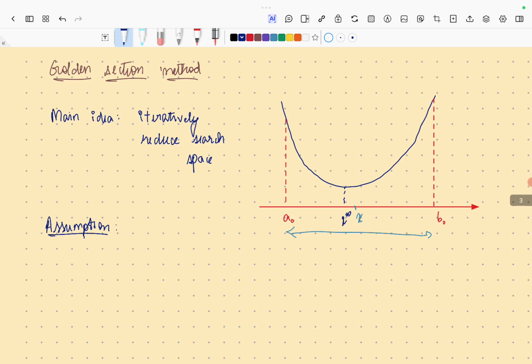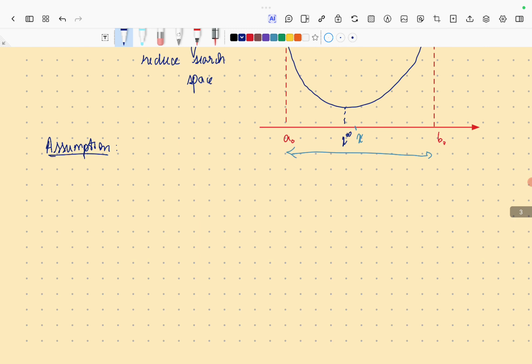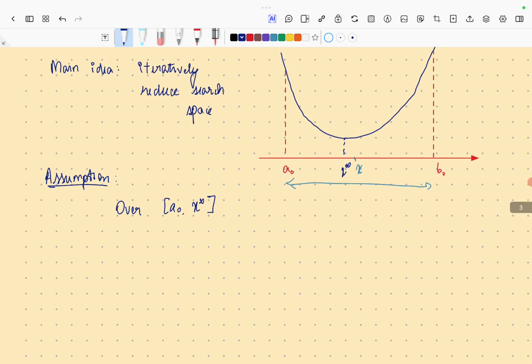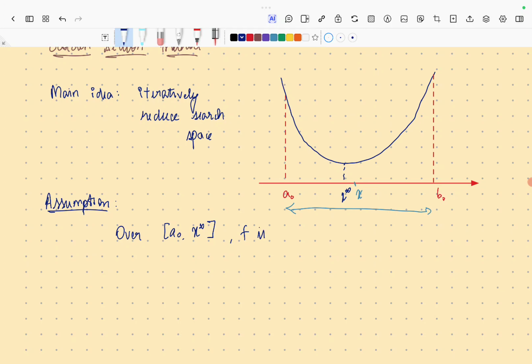For this particular class of algorithms, we'll relax the conditions on f even more. We don't even require f to be convex. We just assume that there is a unique minimum, and the function f has the following property. Over the interval from a0 to x star, that is everywhere to the left of the minimum, we'll assume that the function is decreasing.